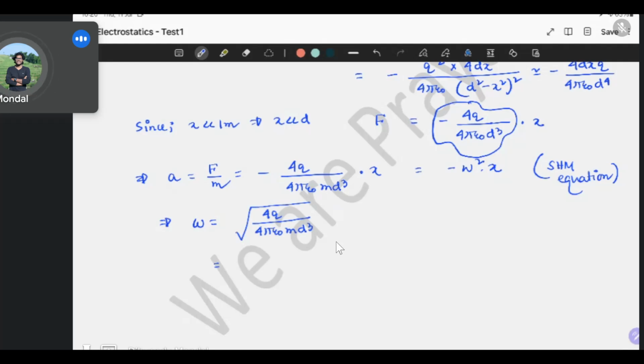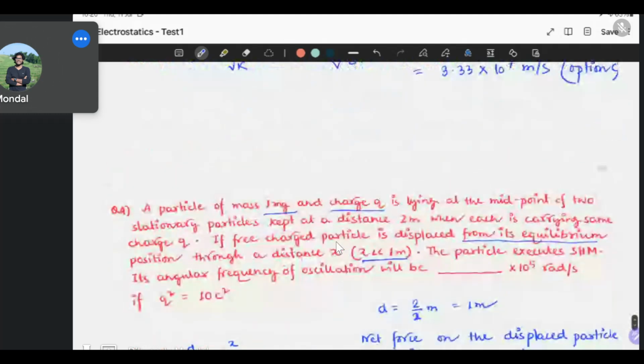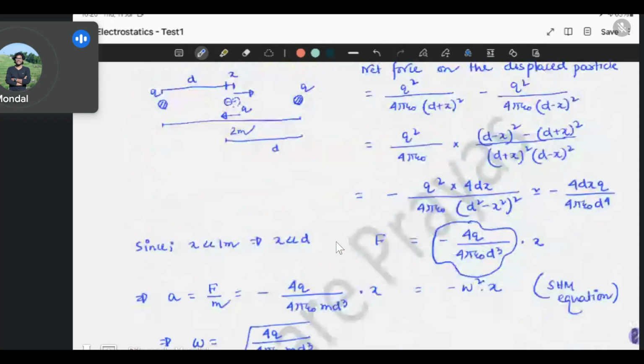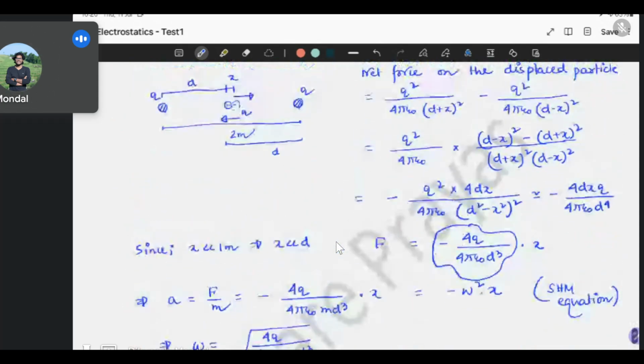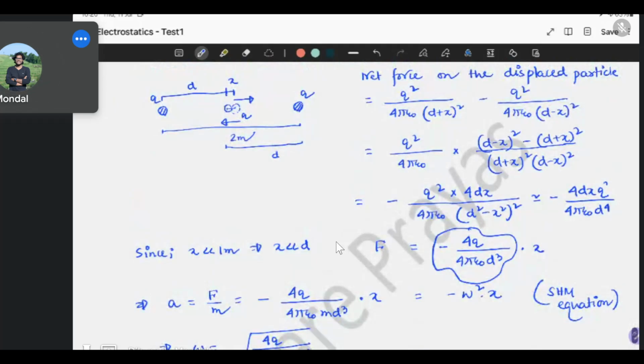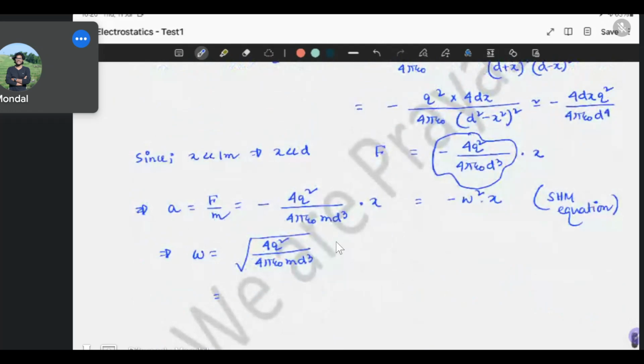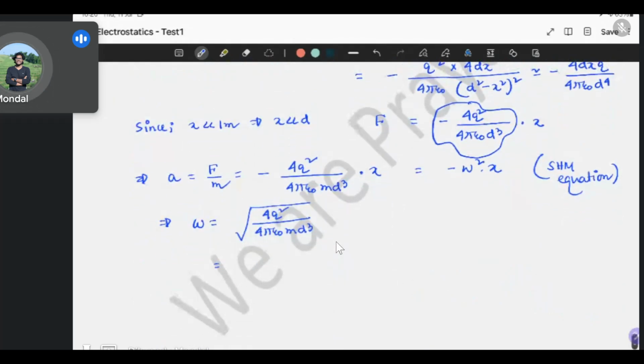So what is the q value? We know the q value: q square is 10. So first, 4 for q square, this is 10.